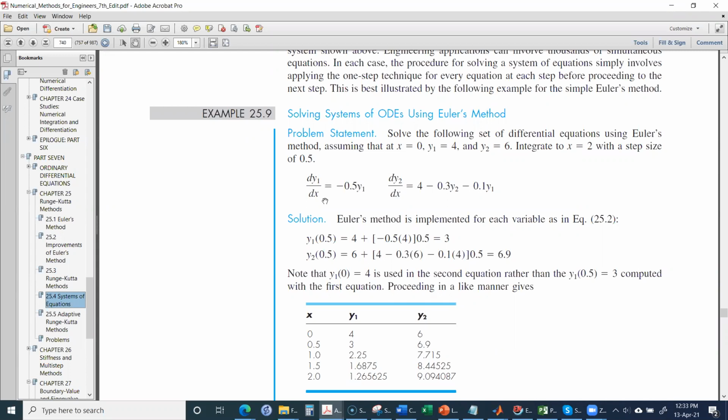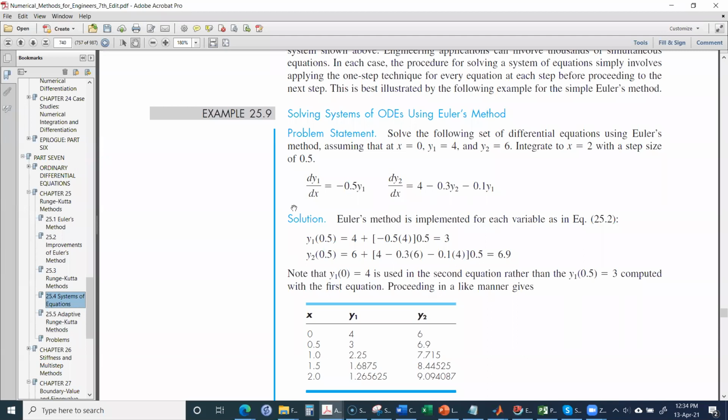Okay, so in this case you can see that there is one independent variable which is x, but there are two dependent variables, y1 and y2. So how can we find the numerical solution for this system of ordinary differential equations? But in the book, it has been shown for Euler's method.